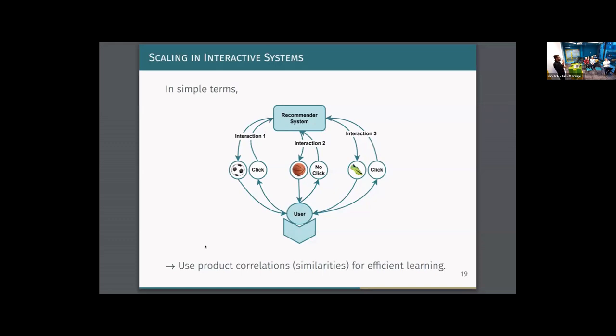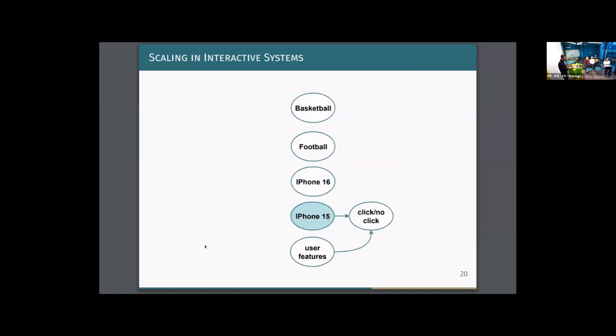And I know that I have in my catalog some products that are unseen in the data, for example, iPhone 16. Well, I'm just going to use the fact that iPhone 16 is highly correlated, very similar to iPhone 15, and has probably more appeal than iPhone 15, given that it's new. So this is kind of the idea of how we can use side information.